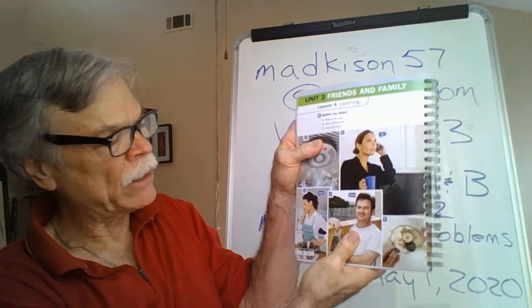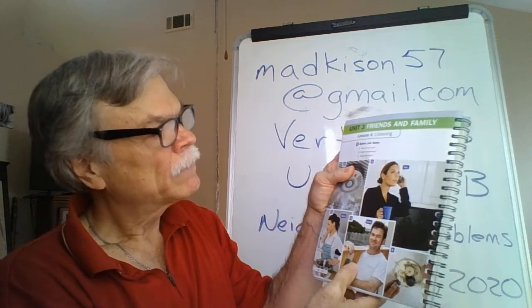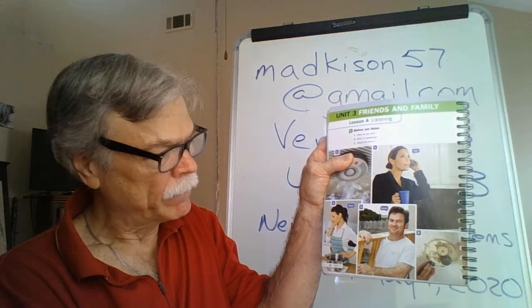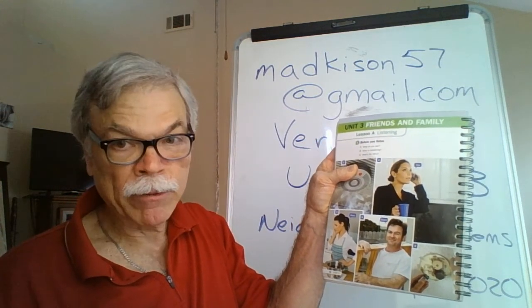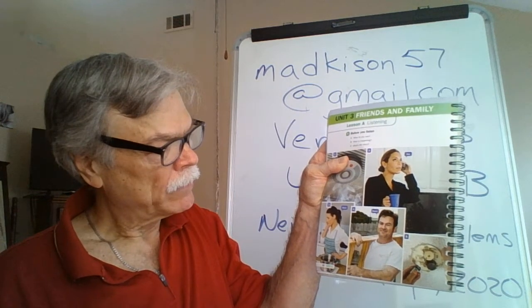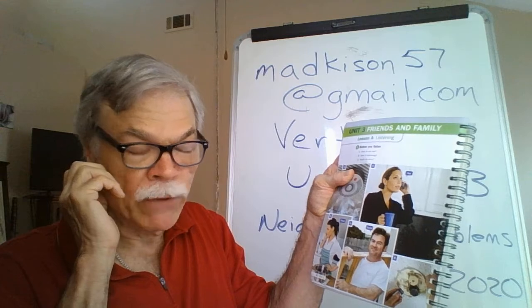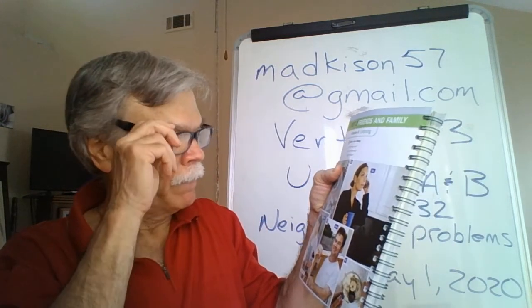Now, let's take a look at picture number 3. There's a picture of another woman, and she's wearing an apron. So she's probably in the kitchen too. And since her hand is up close to her face, she's probably talking on the phone also.